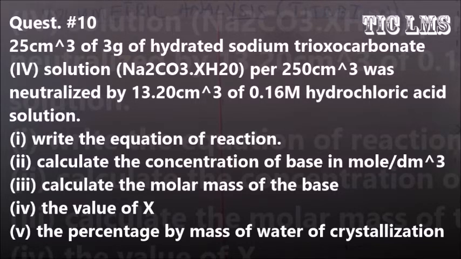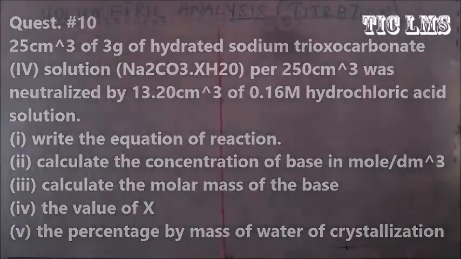Roman figure 1. Write the equation of reaction. Roman figure 2. Calculate the concentration of base in mole per dm cubed. Roman figure 3. Calculate the molar mass of the base. Roman figure 4. What is the value of X? And Roman figure 5. The percentage by mass of water of crystallization.